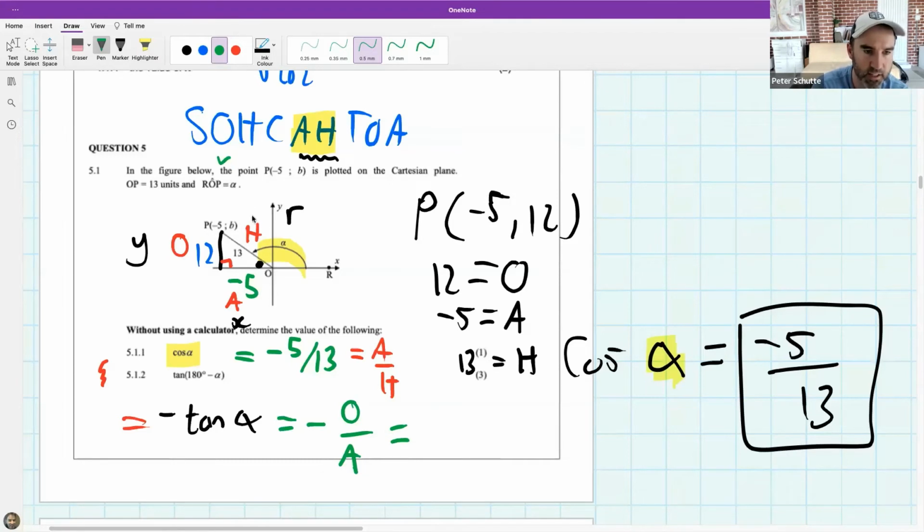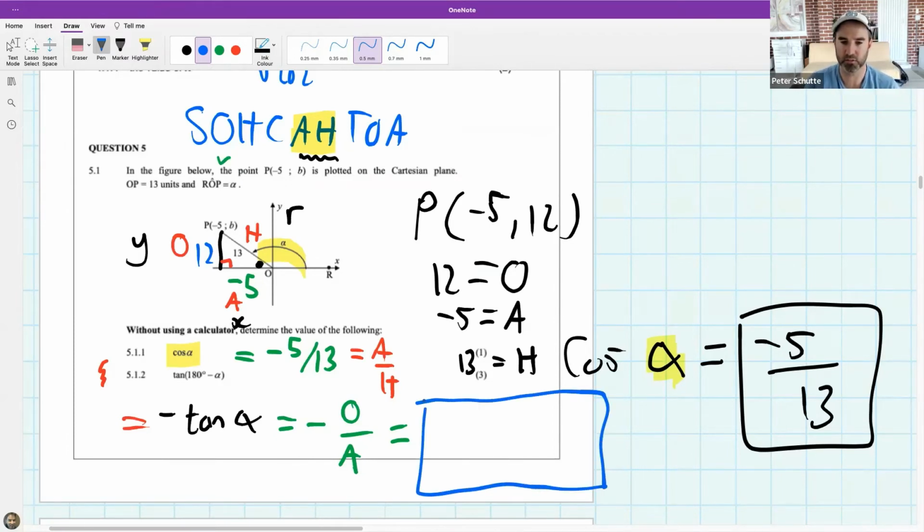In this particular question, what is O? Well, I think you worked out O earlier on in the question. What is A? I want to give you guys a chance to get this. What is minus tan of alpha going to be as a final answer? I filled in this step. I want you to help me work out what this next bit is.